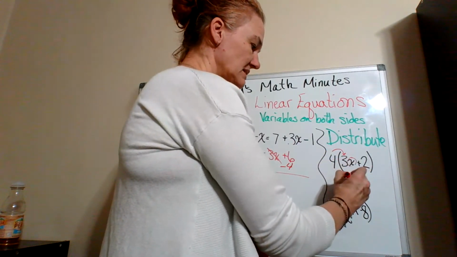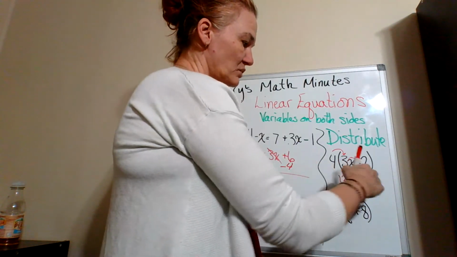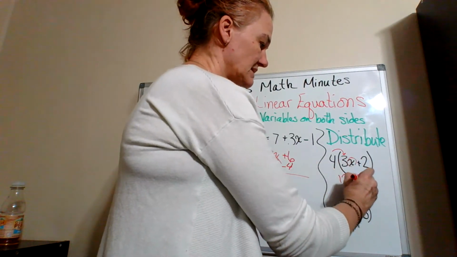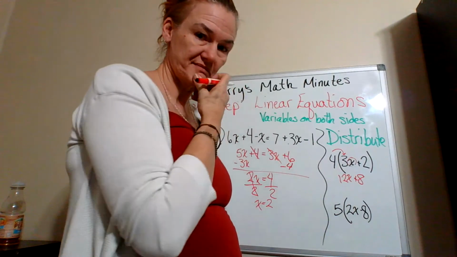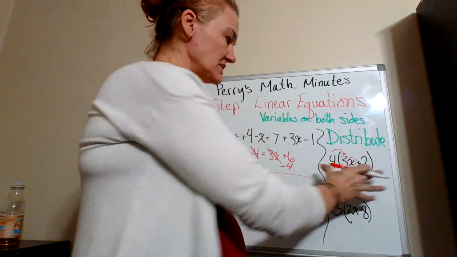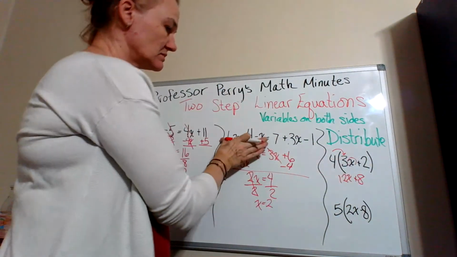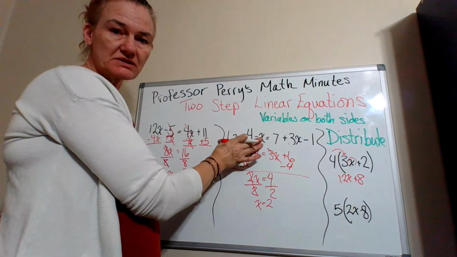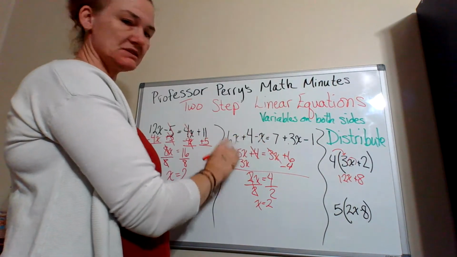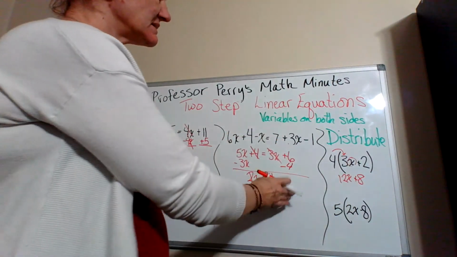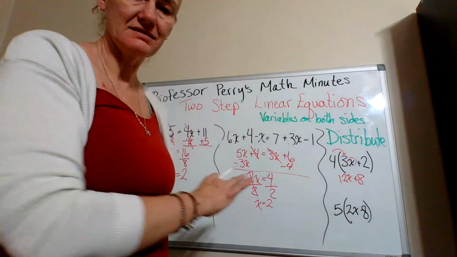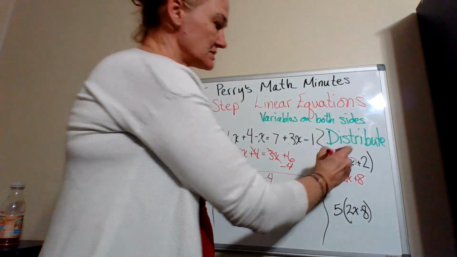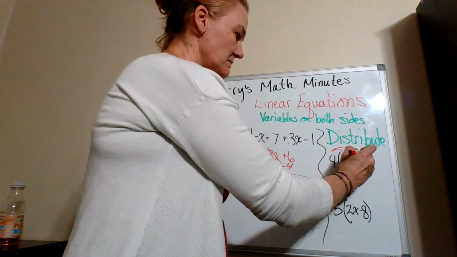Don't forget your x. And then 4 times 2 is 8. So this you might see on one side of your equation. Sometimes it wants you to distribute, then combine like terms, and then solve it. So I'm just showing you how to distribute right over here.